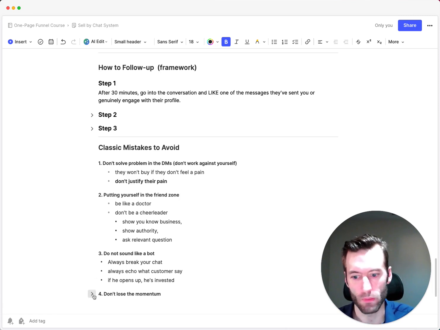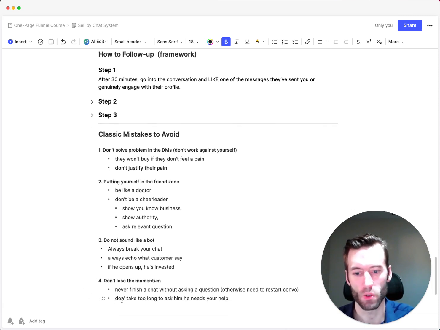which leads me to the next point: never lose the momentum. Always make sure that you ask for the phone call as soon as possible. So move the conversation forward: open, ask relevant questions, dig into the pain, qualify him, and then ask for the phone call, and don't take too long to ask for it.